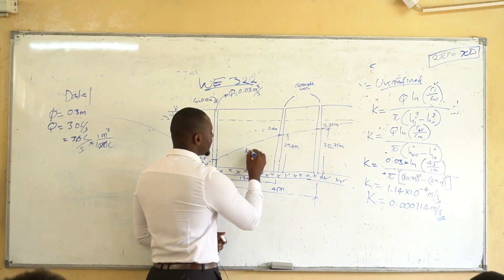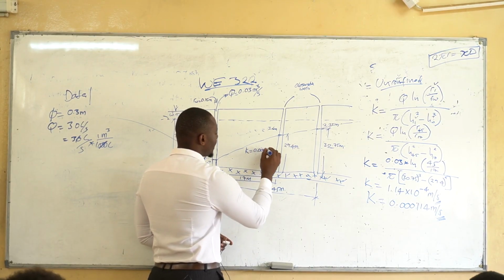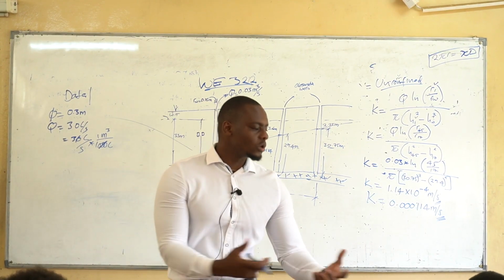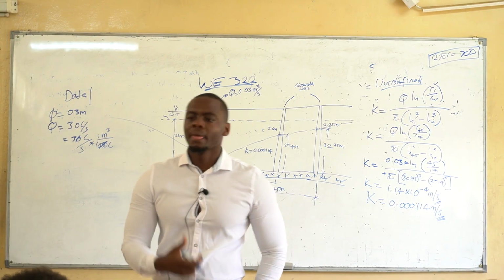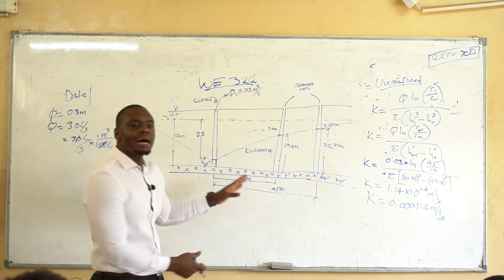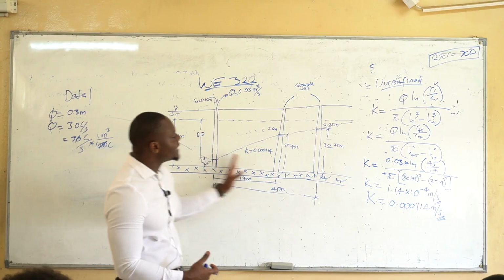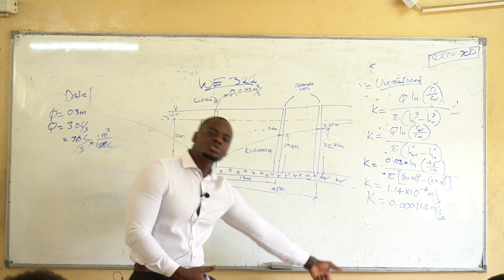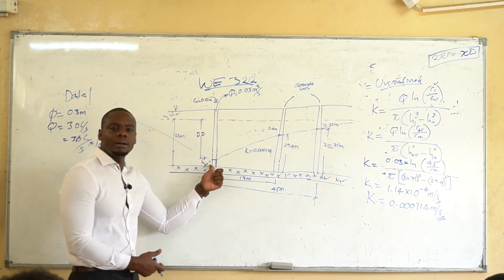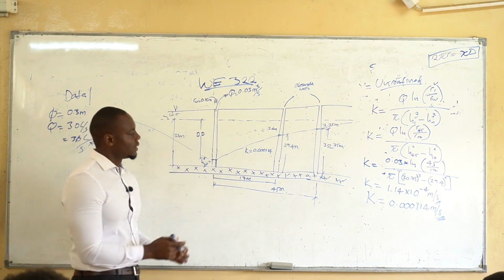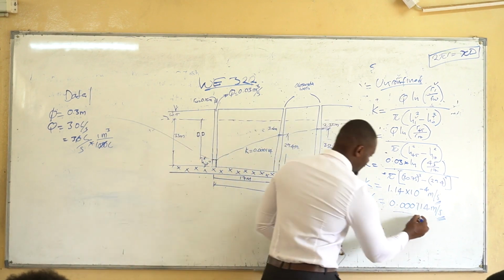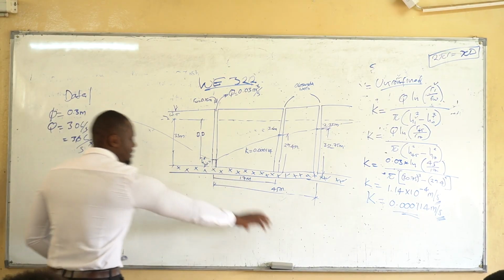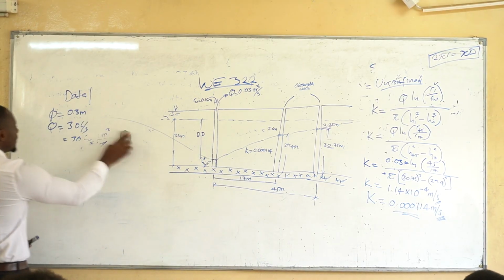We know the value of K, and we understand the value of K as just the rate at which those soils are letting water pass through them. Are we together? And since these soils are assumed to be spreading everywhere, we can now make use of the value of K to go back and find the value of HW. Yes? Okay, so that's your first answer there. I want to erase this. Let me try to work from here.